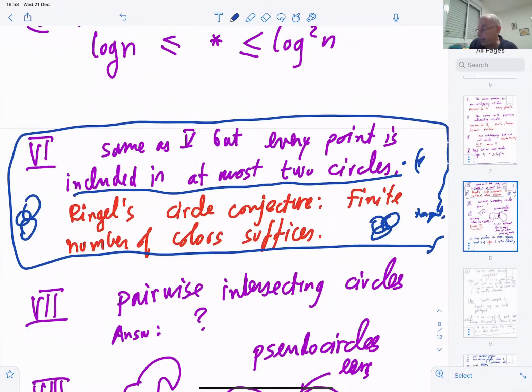And then there is the famous Ringel circle conjecture: you impose another condition that every point is included in at most 2 circles, and the conjecture was that a finite number of colors suffices. But this was refuted in a recent work by Shakhar Smorodinsky and James Davies, Chaya Keller, Linda Kleist, and Bartosz Walczak.